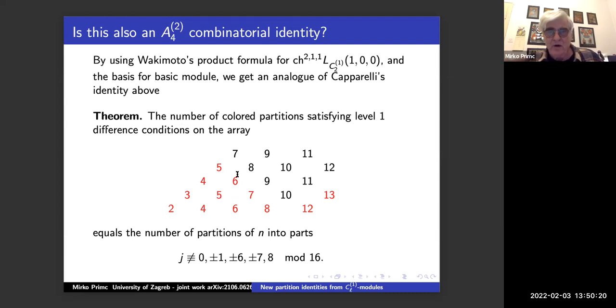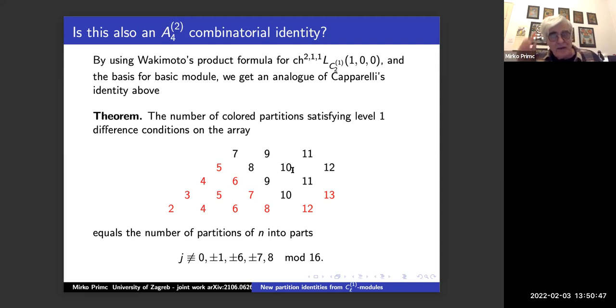So we know a basis for a basic module, and then we specialize the character 2-1-1 of this, so that we have Wakimoto's product, and Wakimoto's product will give these congruence conditions. And the specialization gives this.